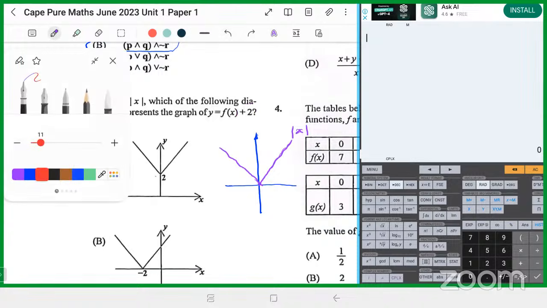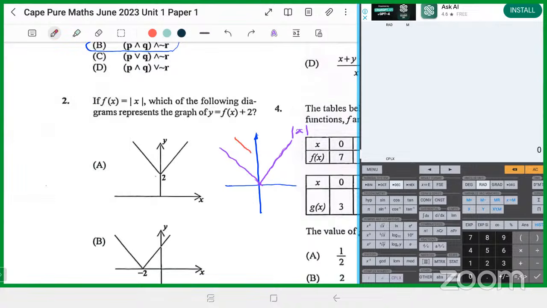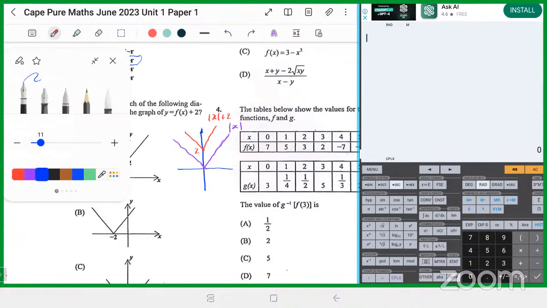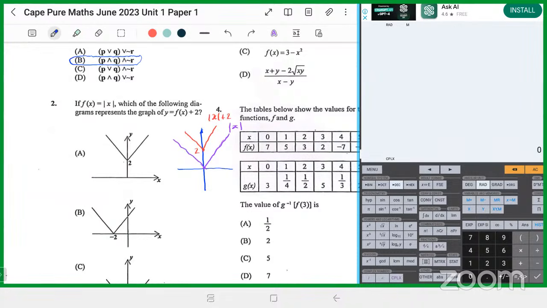So they move it up here 2 units, up to 2. That is the modulus of x plus 2. And so this is the graph that you're looking for. It is the very first one, as you can see. This one is the answer right here.